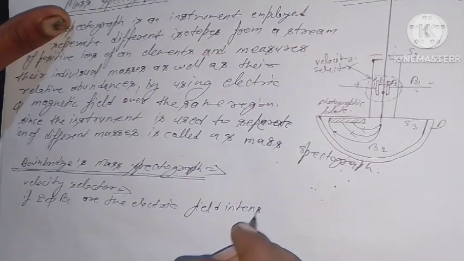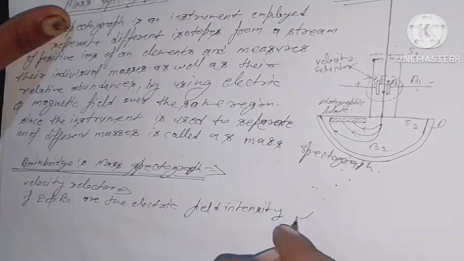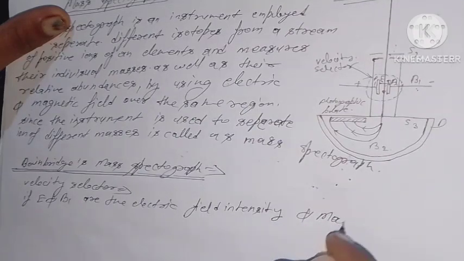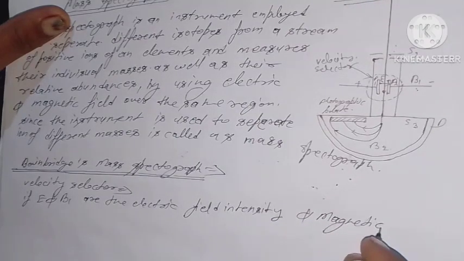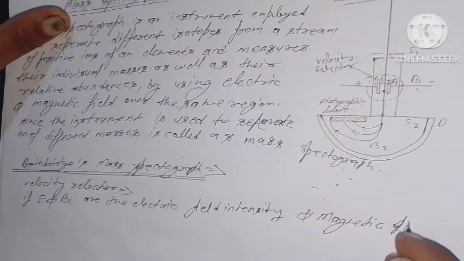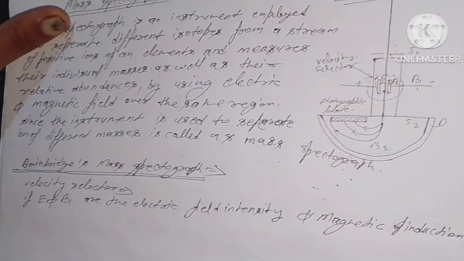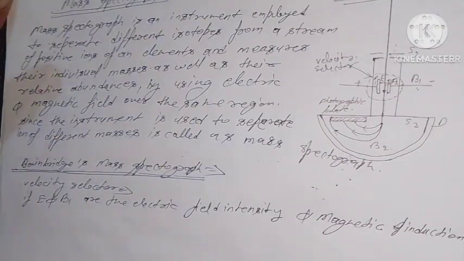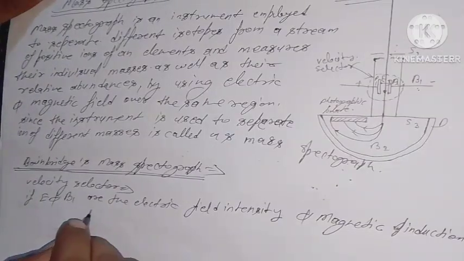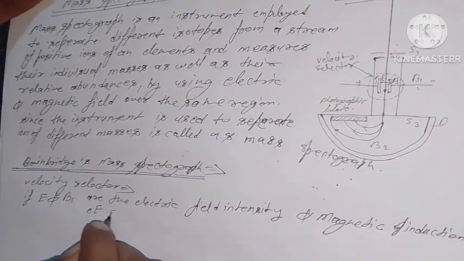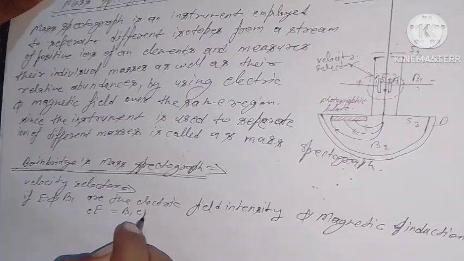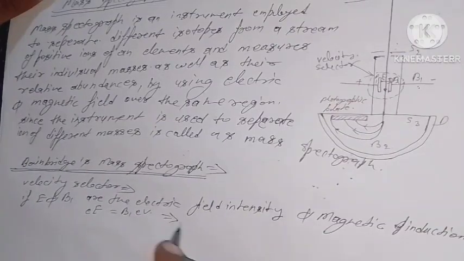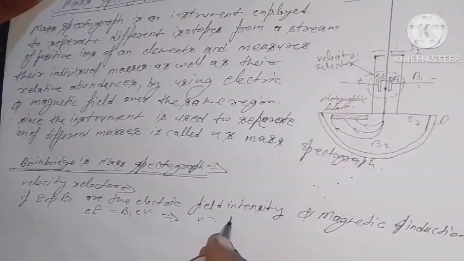For example, oxygen has two isotopes, 8O16 and 8O17.